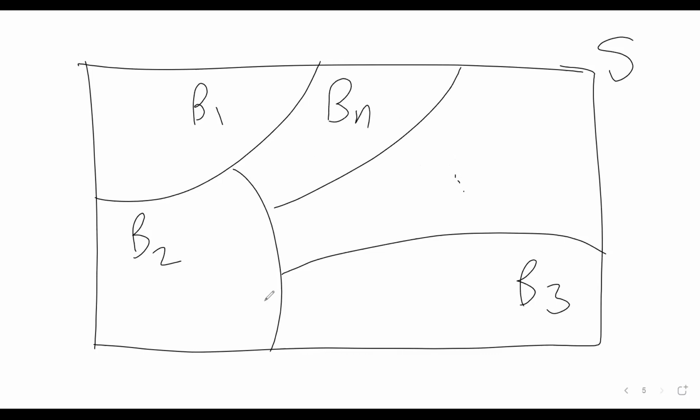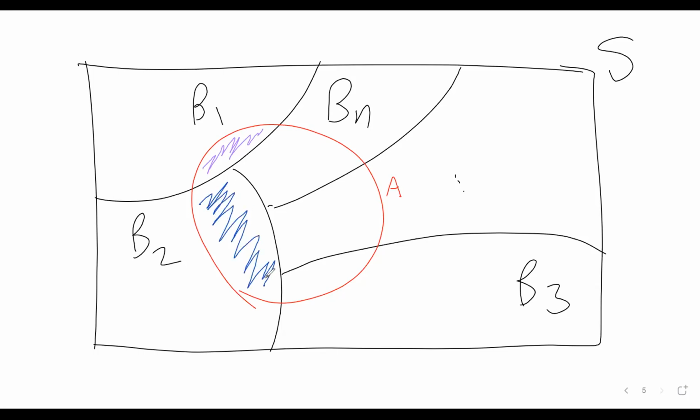And so you're partitioning your sample space with these B's, and for any event A, let's say this event was here, then the probability of A is equal to the sum of the probabilities where you look at the part of it in each separate B.